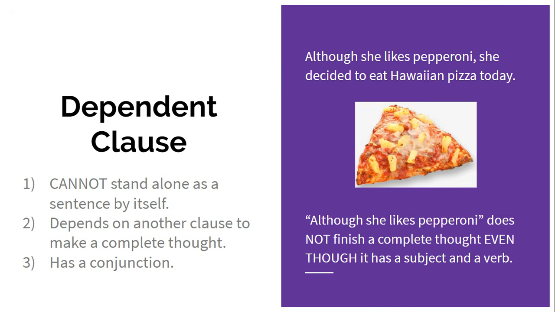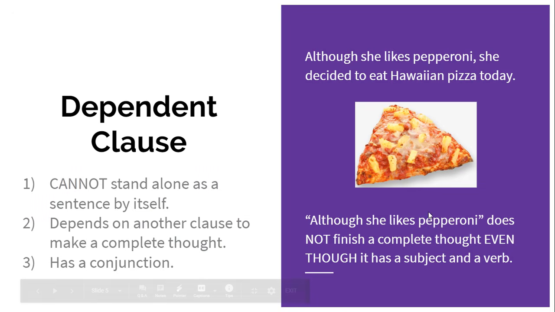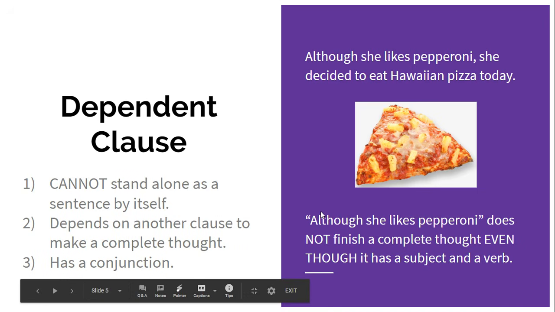Although she likes pepperoni, does not finish a complete thought, even though it has a subject and a verb. Okay, our subject there is she, our verb or our predicate is likes pepperoni. Now, the reason why this is a dependent clause is because of this conjunction here, although.